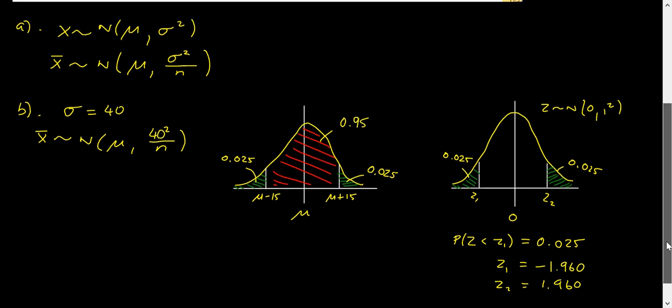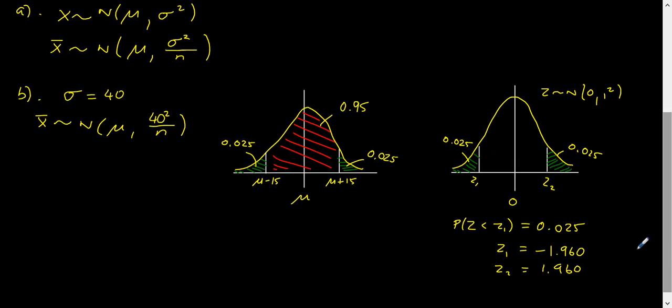Now, how does all this work? Are we any closer to finding out what n actually is? Well, first of all, I'm going to remember that this is the way that I prefer to write this distribution. And then I'm going to apply the conversion formula from the standard normal distribution to the real life normal distribution.